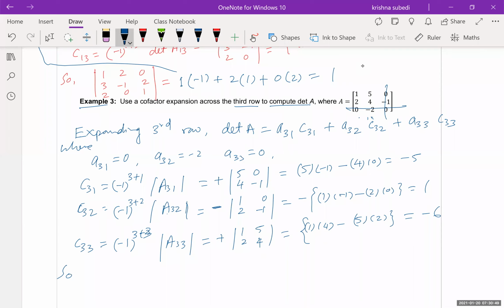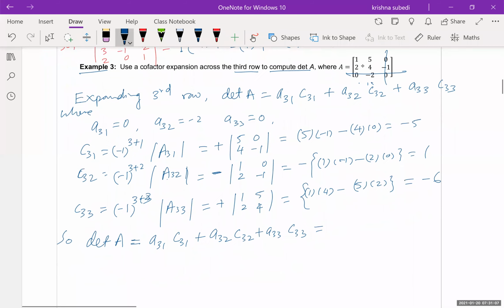So the determinant of A is going to be, the formula is, as you can see, A31 C31 plus A32 C32 plus A33 C33, which gives me, let me just plug in the values.